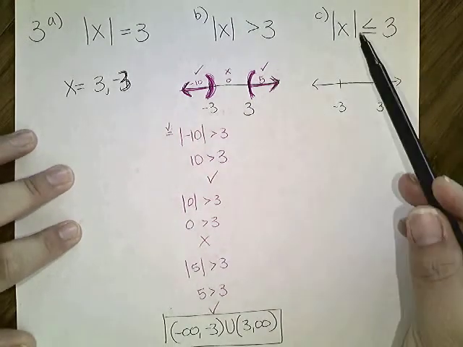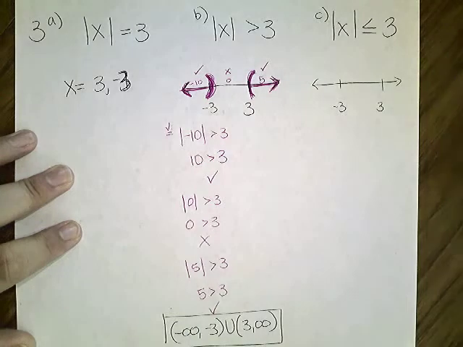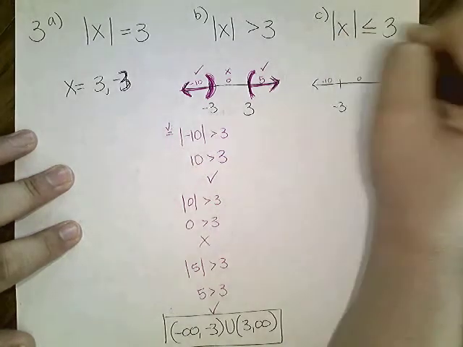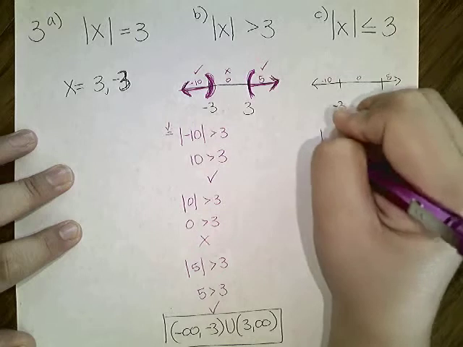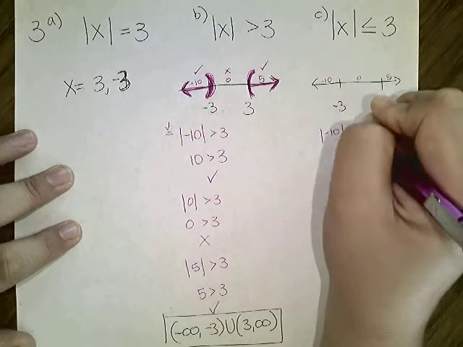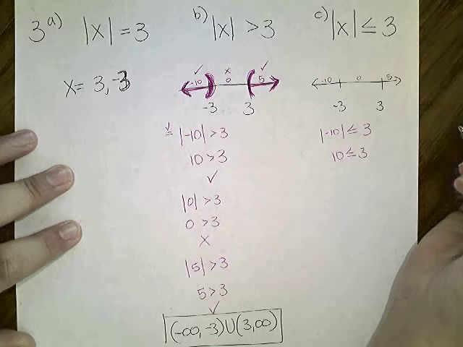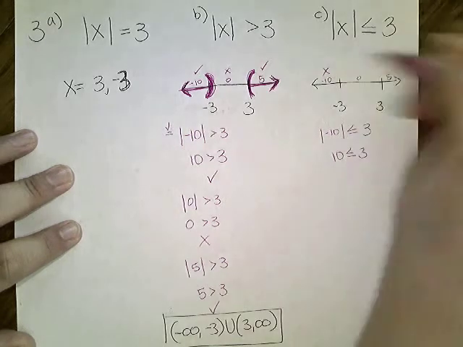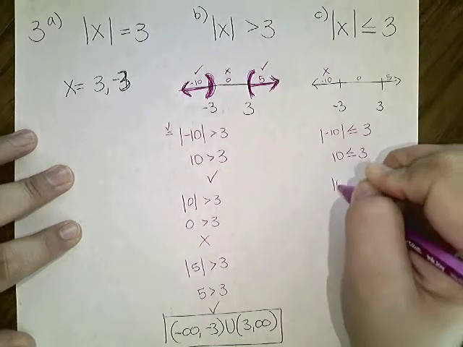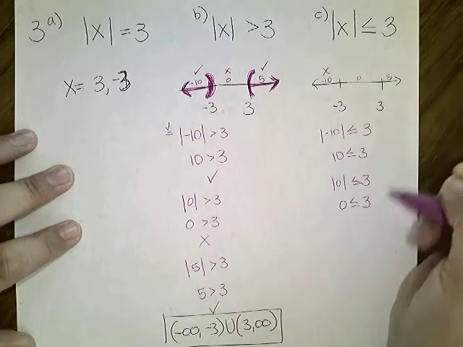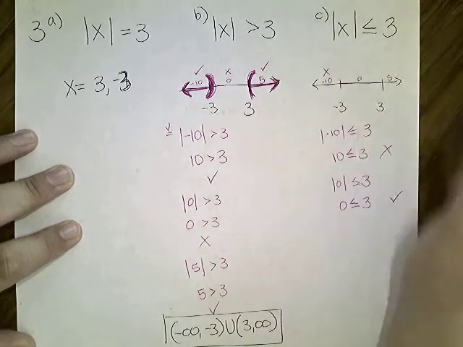Here again, we're going to pick the same values because we already have the numbers for it. The absolute value of negative 10 is less than or equal to 3. Is 10 less than or equal to 3? No, it's not. The absolute value of 0 is less than or equal to 3. Is 0 less than or equal to 3? Yes, it is. So this one's out, this one's good.